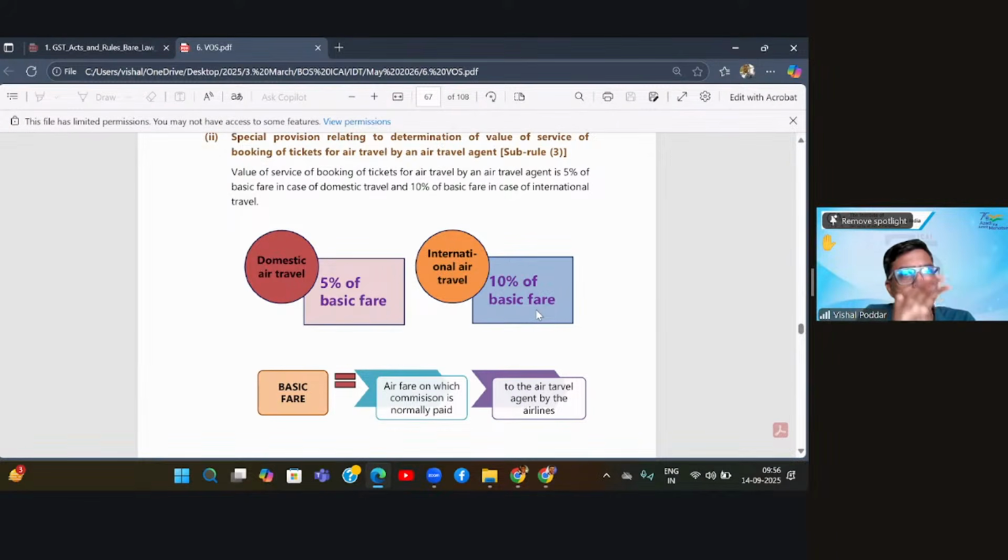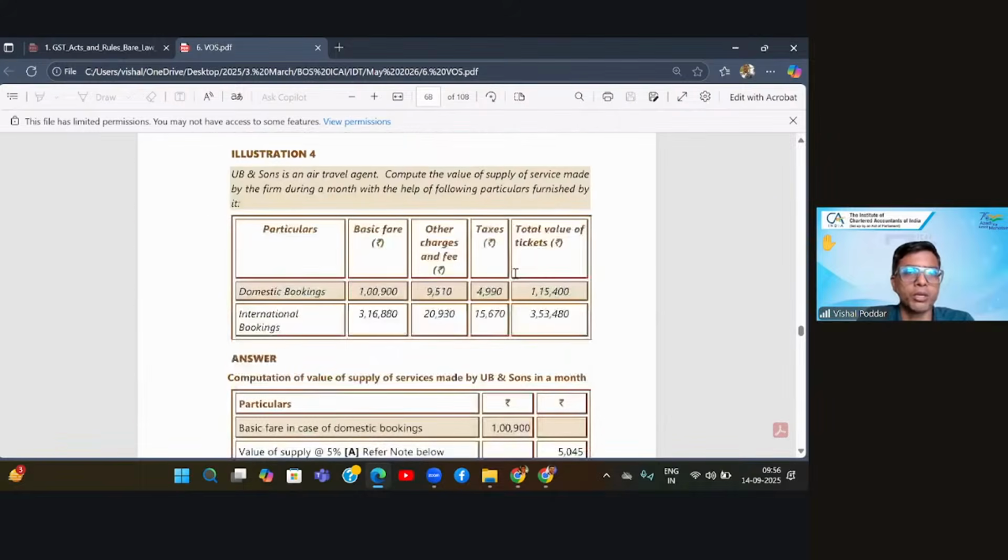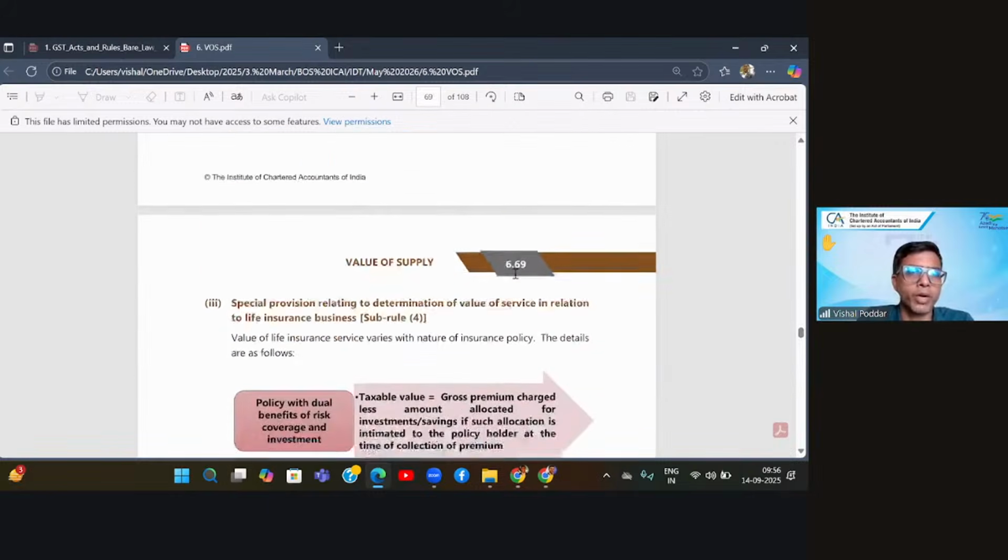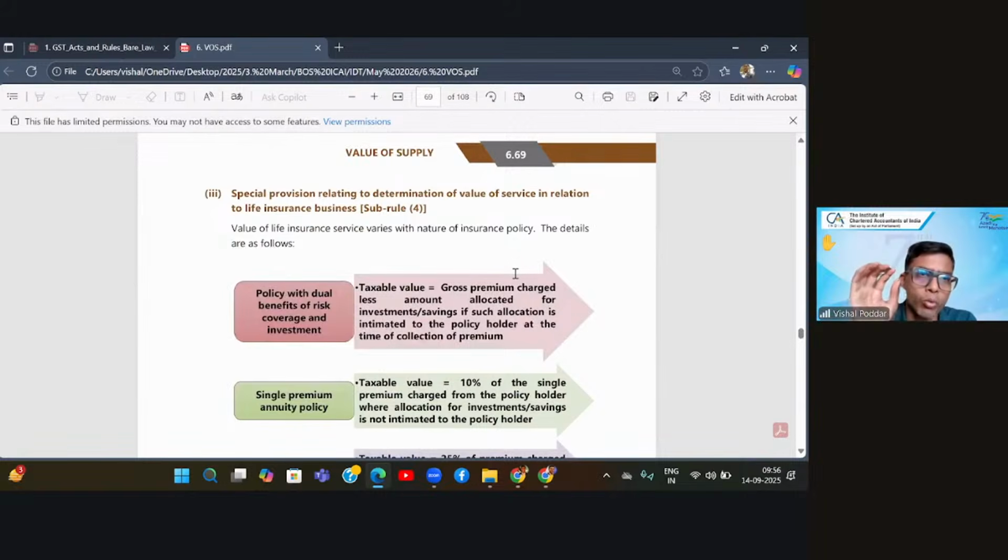So commission is paid by the airlines only on the basic fare. For domestic travel, the value is 5%, and for international, it is 10%. This is what the valuation rule has given, straightforward. And please remember, this is only for the air travel agent services, that is, the commission that they are getting.